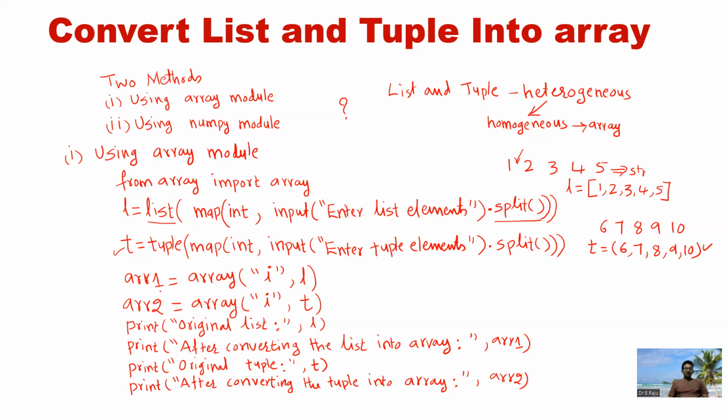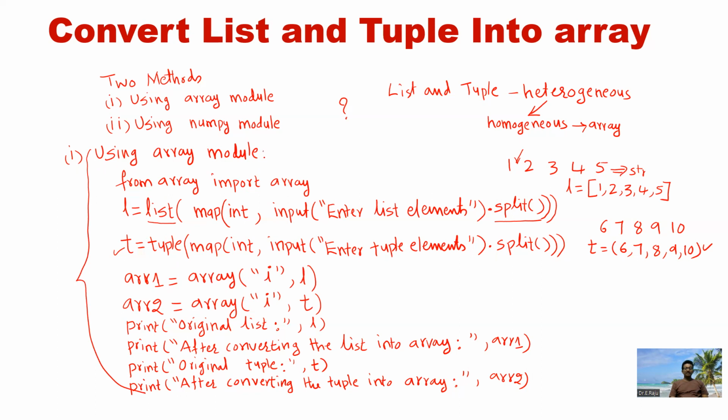So this is how we can write a simple Python program. Actually, everything should be in the same line here. This is the Python program which converts a list and a tuple into an array by using this array module.